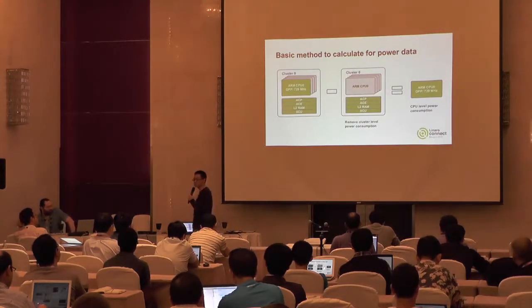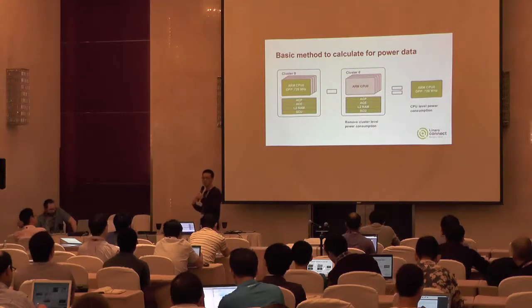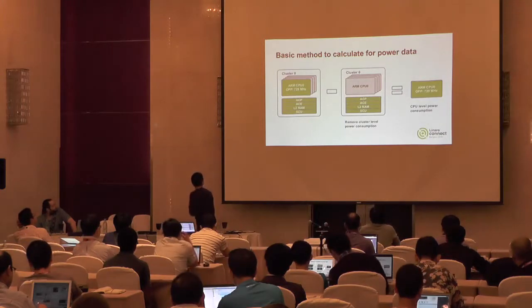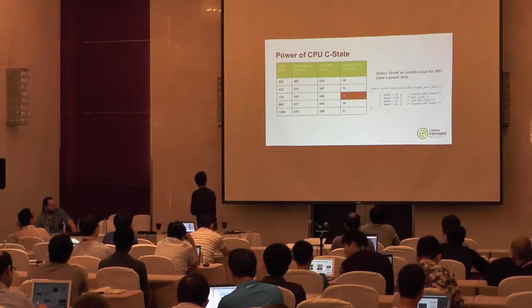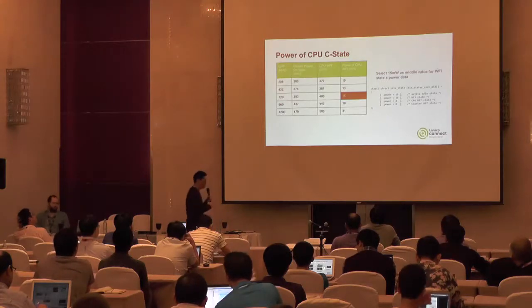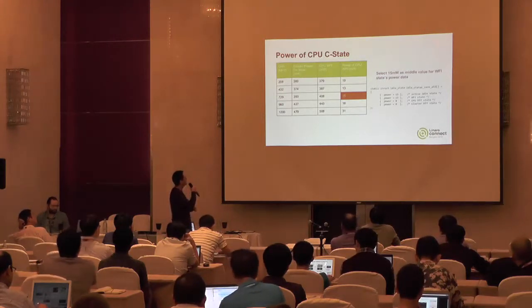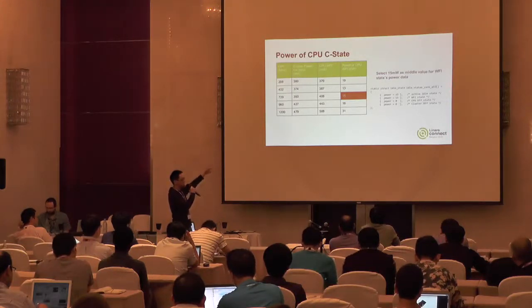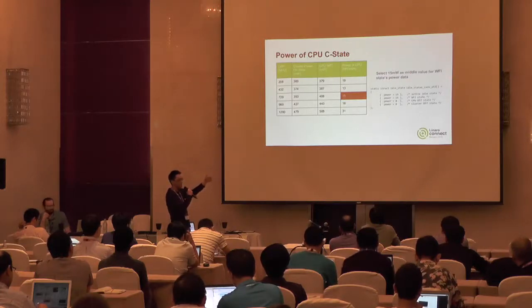So this is all the data calculation based on this discrete calculation. For the CPU C state, for the cluster level, power on state means that the cluster has been enabled, but all the CPUs have been powered off.